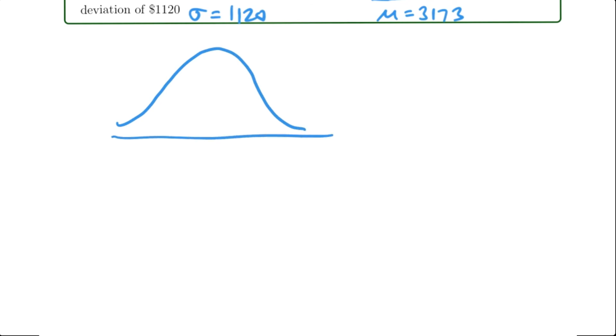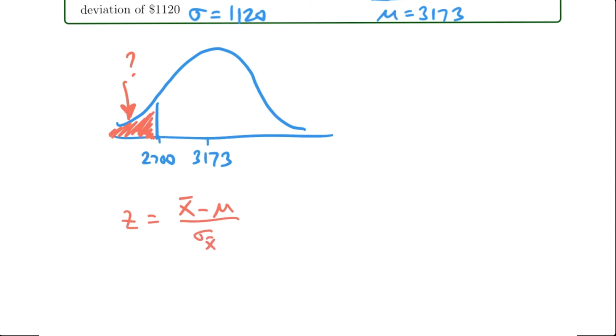we got our normal curve. We have 3,173 in the center. We have 2,700 over here. And we are looking for less than 2,700. So this is what I want. But when I convert it to a Z value, we have to be very careful, because when you have more than one person, we have to use the standard error formula.